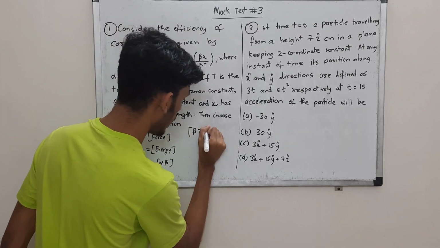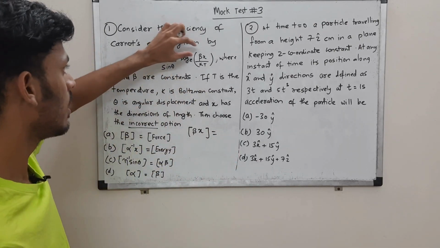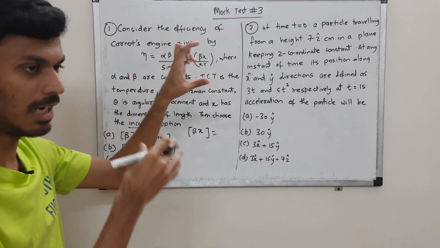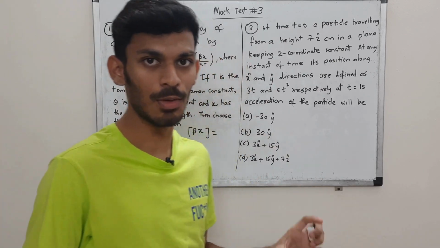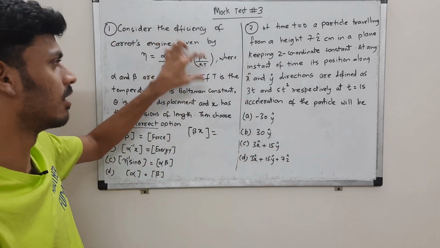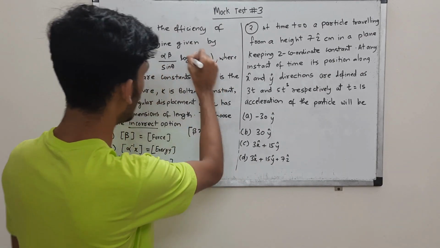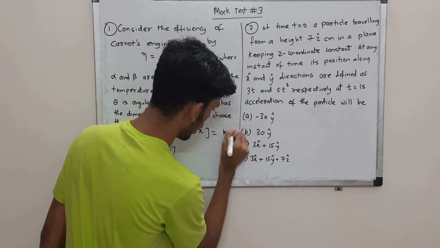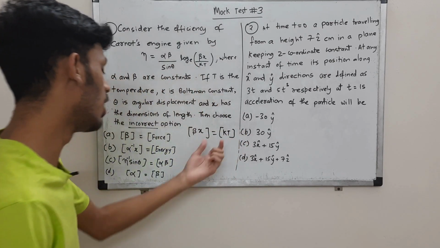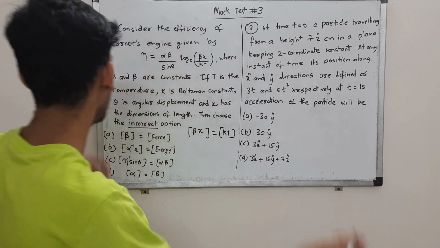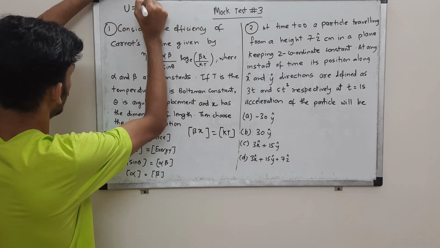It should not have any dimensions, which means that the dimensions on the top, the numerator, and the denominator should be equal, so that they cancel out each other and the thing that is left is just a pure value. So dimensions of beta x should be same as dimensions of kT. Now do you know the dimensions of kT? It can be easily found out using the equipartition law.